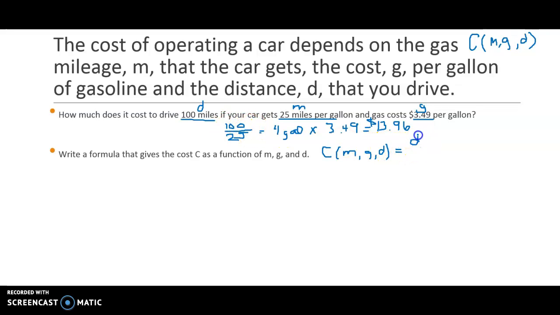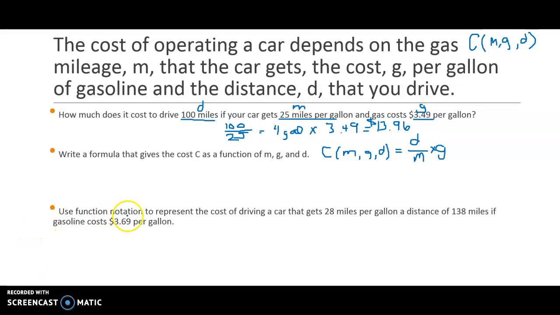So over here, I took the distance, and I divided it by the 25, which was the mileage. And then I took that answer and I multiplied it by the cost of a gallon of gas. So this is my formula. I did not go directly from the words. I went really from this example problem where I could figure out this was the way to calculate the cost. And that allowed me to write a formula.